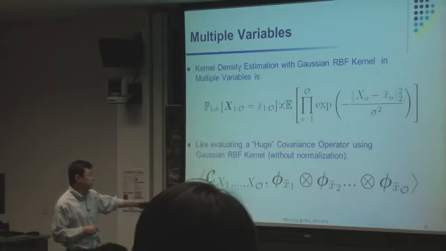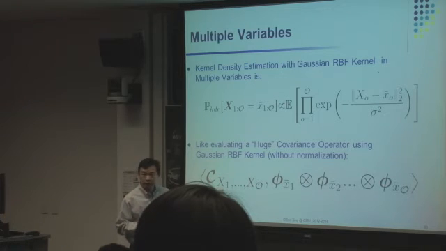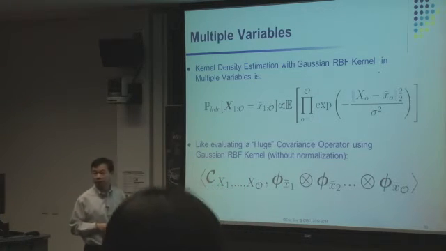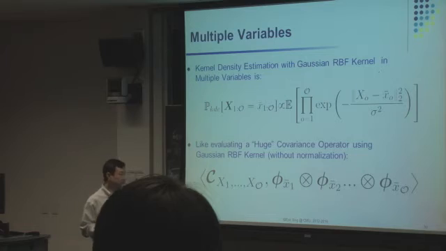And this is also like evaluating this very huge covariance operator of not only two but many variables, and by definition that corresponds to a feature map of the outer product of multiple infinite-dimensional feature functions. So if you resort to your geometric imagination, this one can be translated into a tensor in a very, very high-dimensional matrix, right?